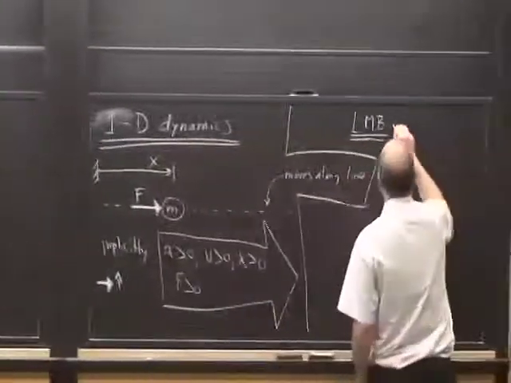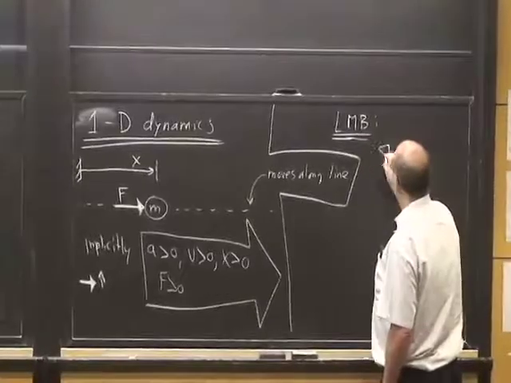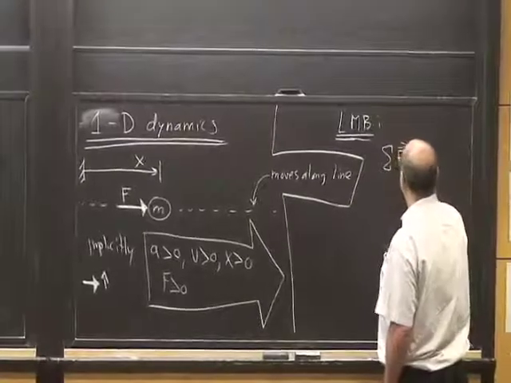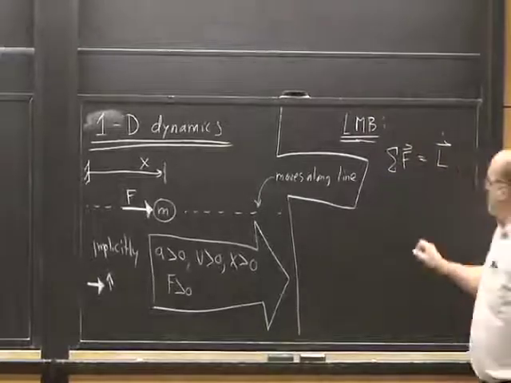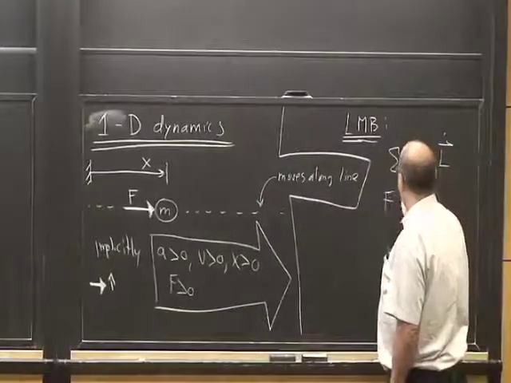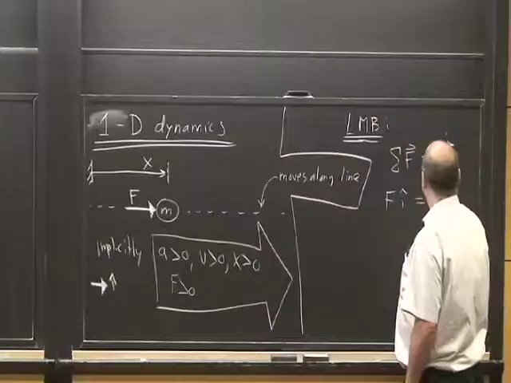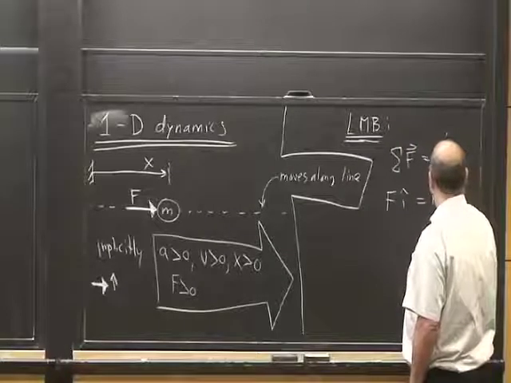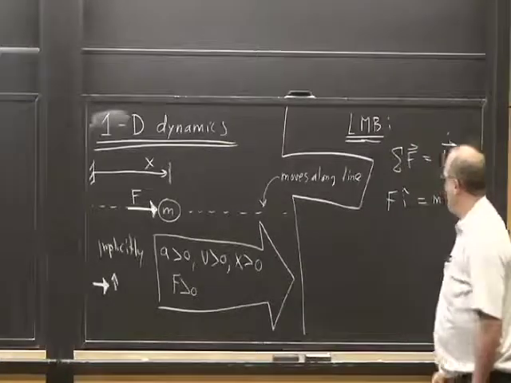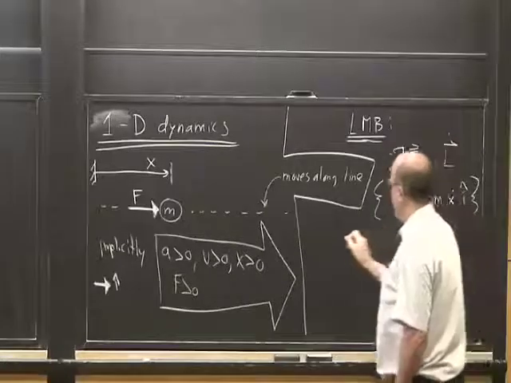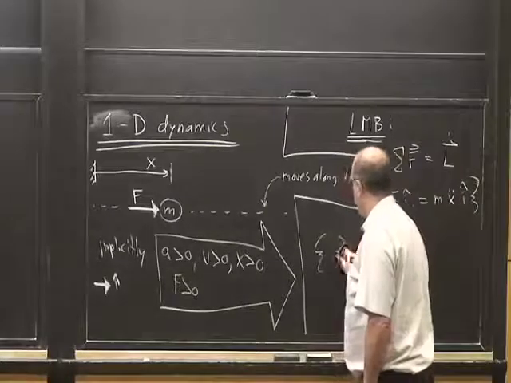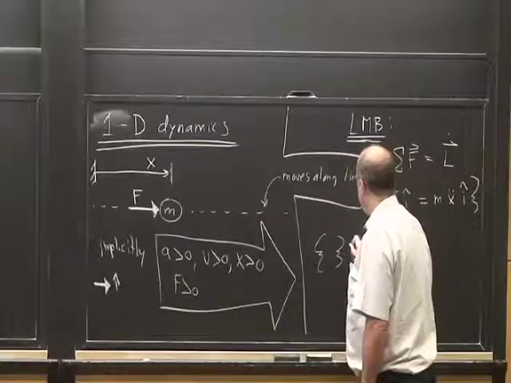Okay, so linear momentum balance, what does it tell us for this? It tells us that the sum of all the forces is equal to the rate of change of linear momentum. In this case, we have only the force F times I is equal to the mass times x double dot times I. And then if we want to take this vector equation and turn it into a scalar equation, there's only one way to do that, which is with dot products.